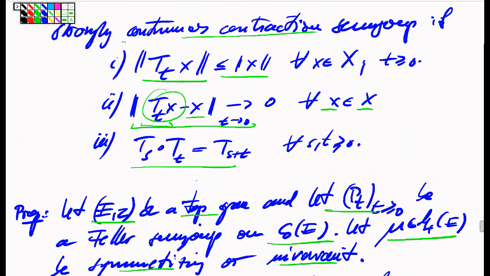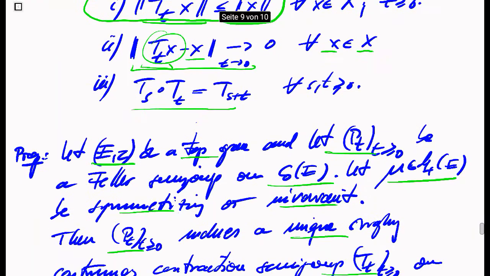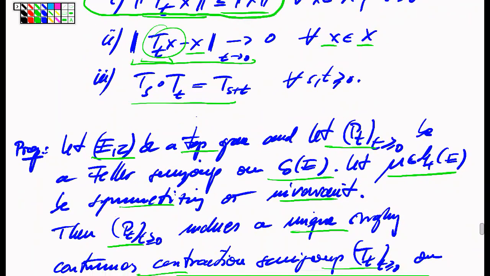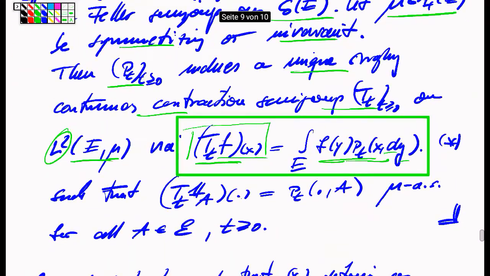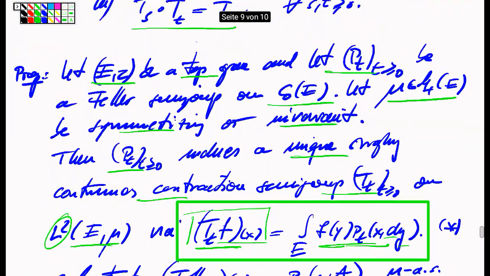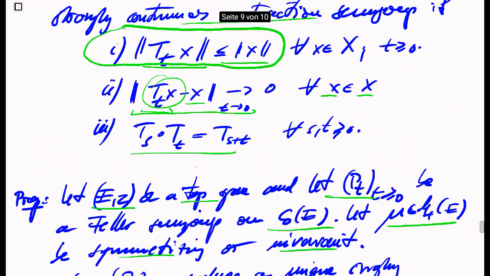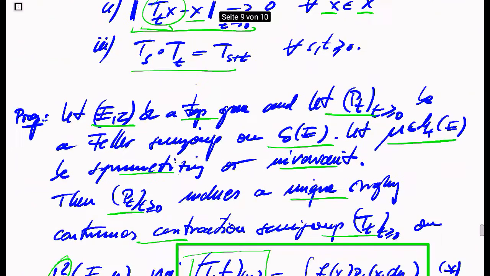So the only thing that I really need to prove is property 1, and all the remaining properties, namely properties 2 and 3, will basically be a consequence of the corresponding property for the Feller case, using approximation of an arbitrary L2 function by continuous functions which are vanishing at infinity. So therefore I restrict the discussion here to the proof that these operators are a contraction.